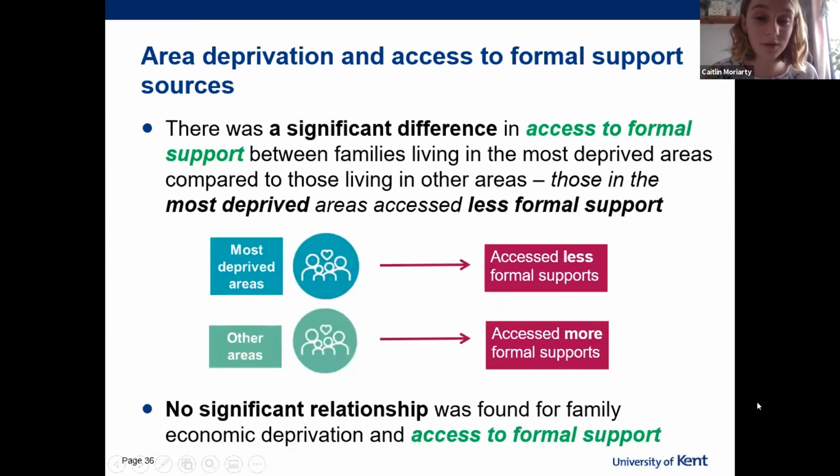There was a significant difference in access to formal support sources between families living in the most deprived areas compared to those living in the other less deprived areas. This meant that families in the most deprived areas had less access to formal support sources. And there was no relationship for family economic deprivation and access to formal support sources.